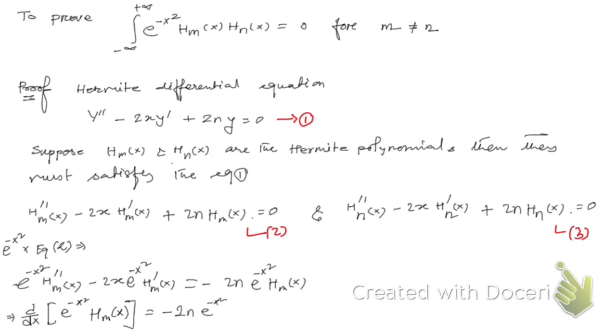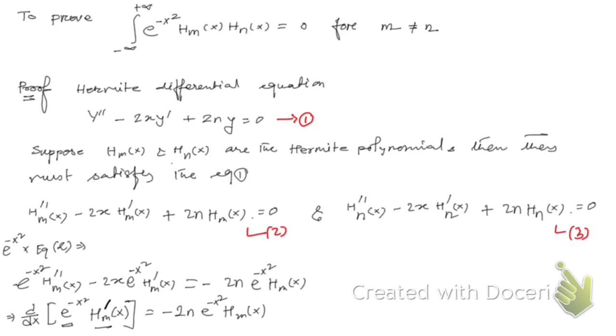So here, if you apply the product rule of derivative, u into v. Okay, so this is u, sorry, it's supposed to be Hm dash of x, first order derivative of Hm of x.